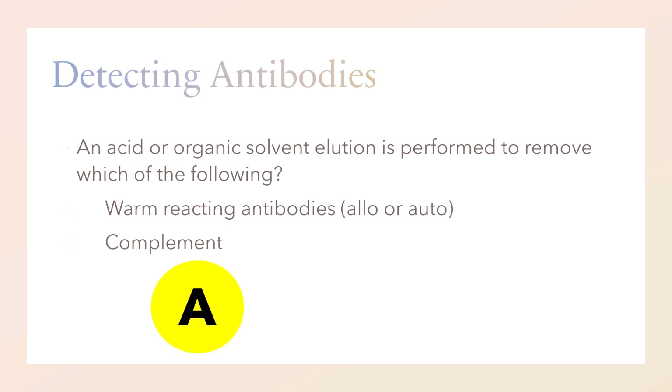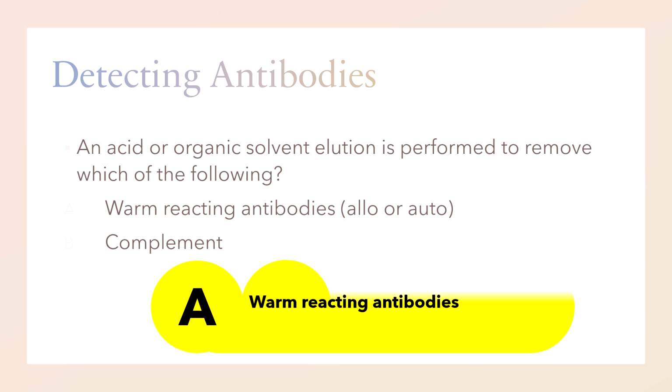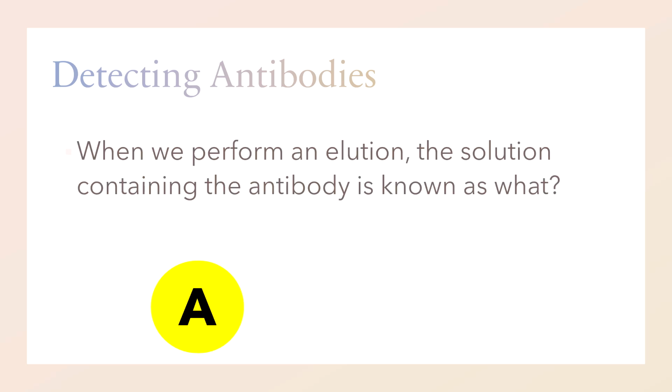An acid or organic solvent elution is performed to remove which of the following? Warm reacting antibodies, allo or auto, or complement? Warm reacting antibodies. When we perform an elution, the solution containing the antibody is known as what? An eluate.